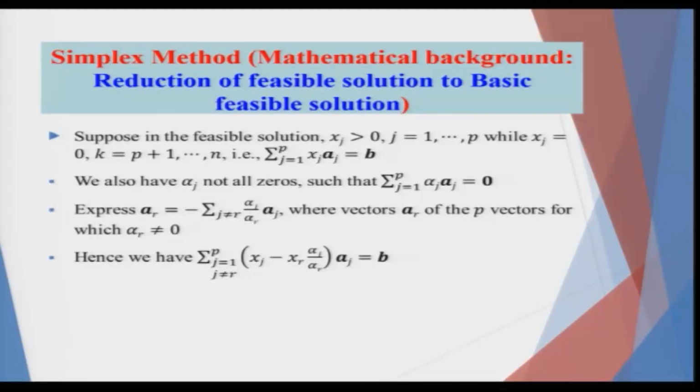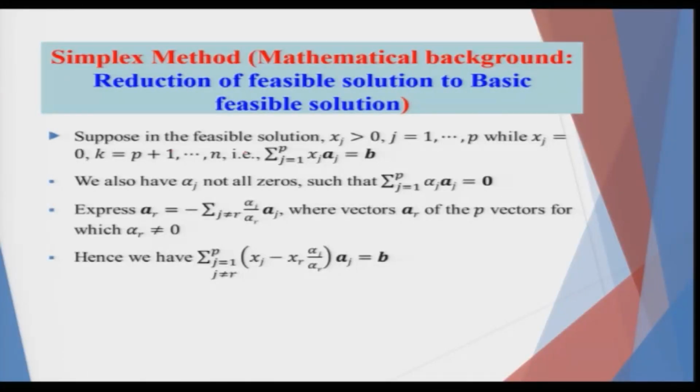In this case, I am again repeating, you partition the n decision variables into two arbitrary sets. The first set consists of p decision variables. The next is from p plus 1 to n. This p plus 1 to n are assumed to be 0 decision variables, and 1 to p are considered to be non-zero.